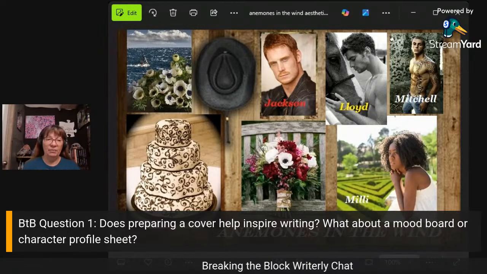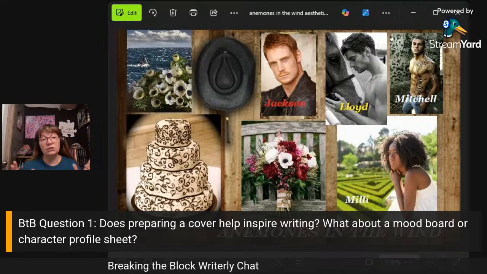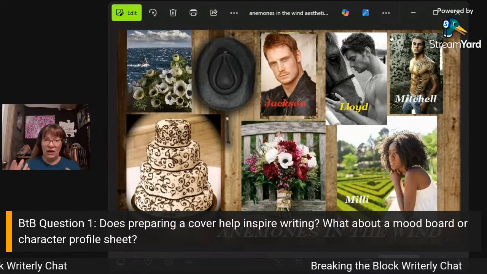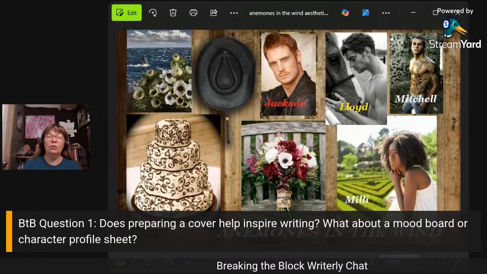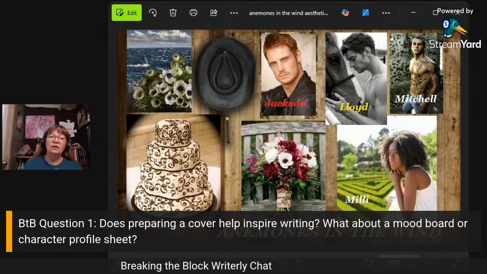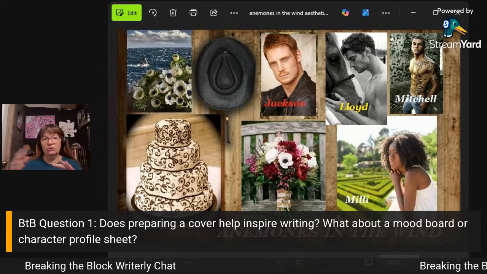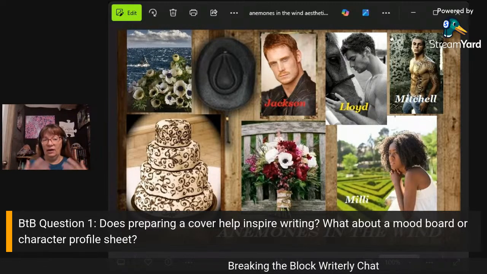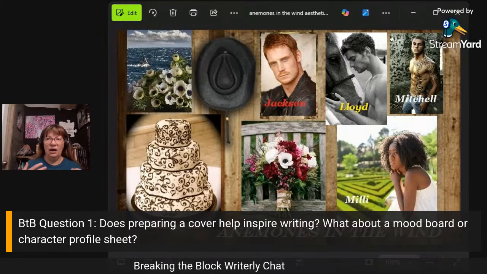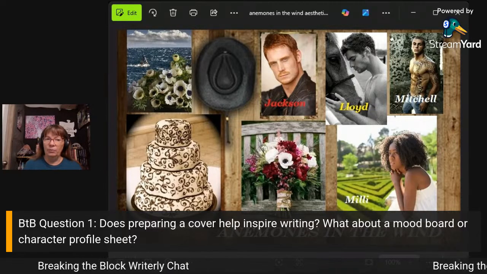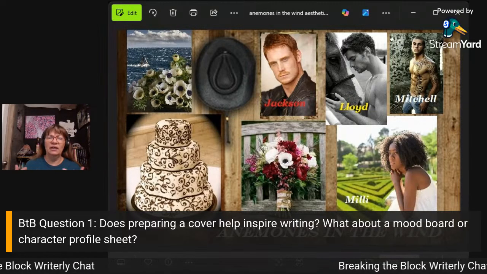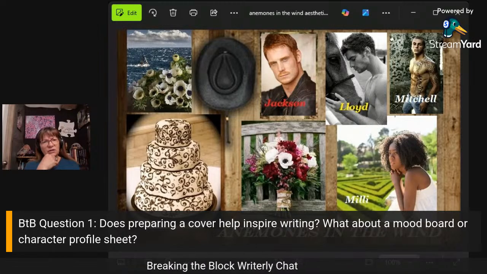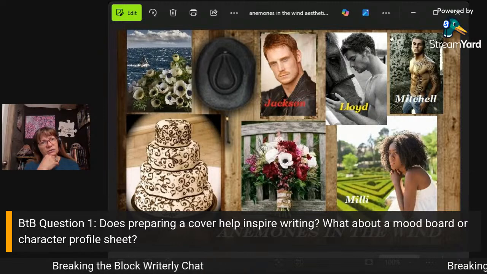Now, I personally am not a fan of putting up character art, because I like for the readers to create their own ideas. I know a lot of people will put up like, this character looks like this actor, this setting, and I appreciate that, but sometimes I've seen character art come up and I was like, wow, that's not how I imagined that character in my brain at all.